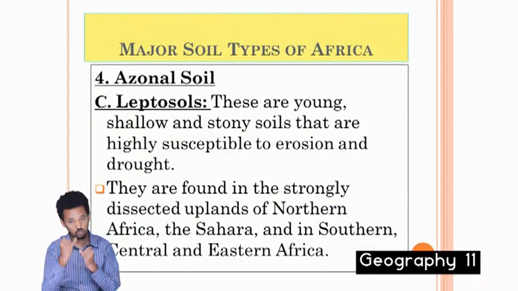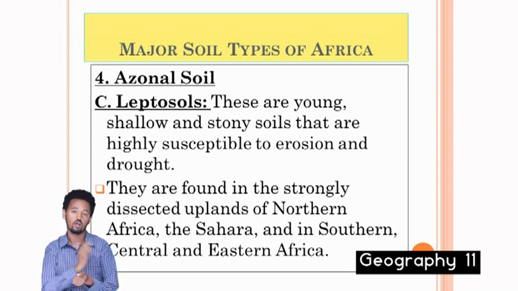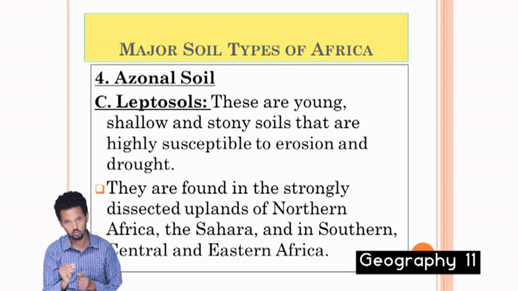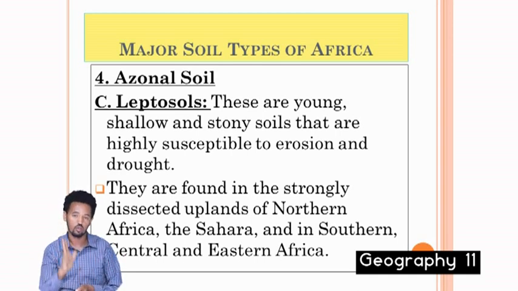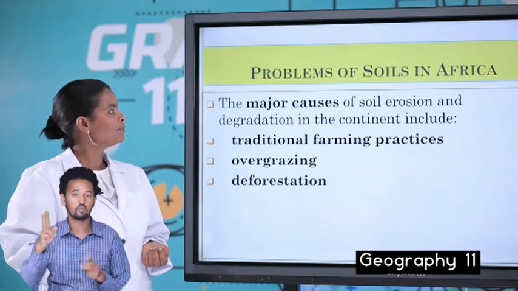The last type of African soil is Inceptisols. These are young, shallow, and stony soils that are highly affected by erosion and drought. This type of soil is found strongly in the uplands of North Africa, the Sahara, and in South Central and Eastern Africa. Soil erosion and environmental degradation are among the major problems.